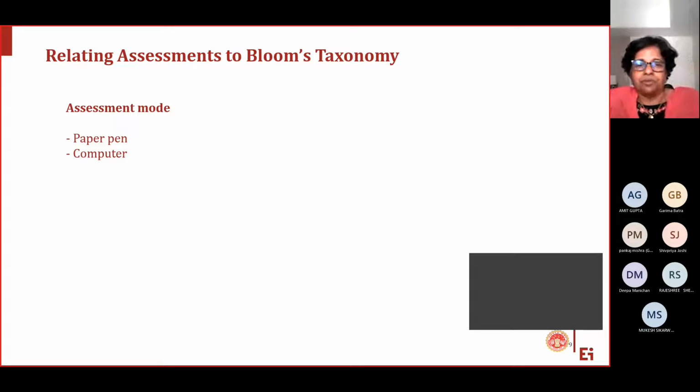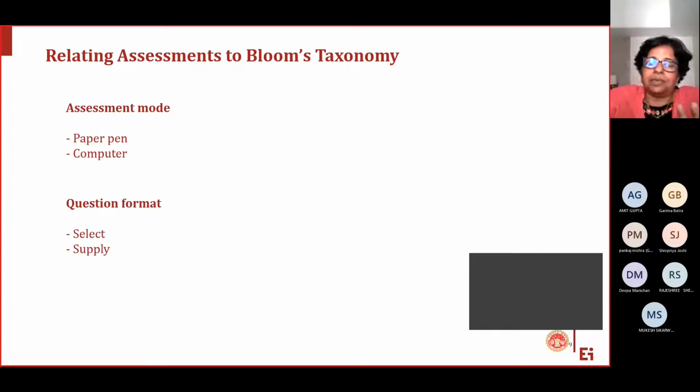Whichever mode the child takes the assessment in, there can be only two types of assessment. One is a select type of response, where the child is given a set of responses for a question and manipulates those responses.